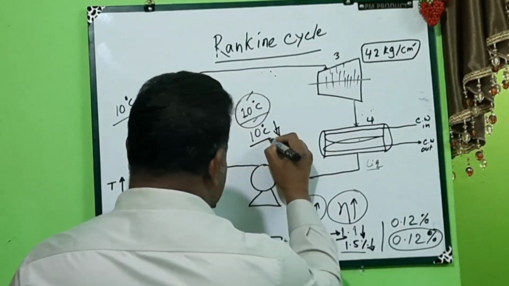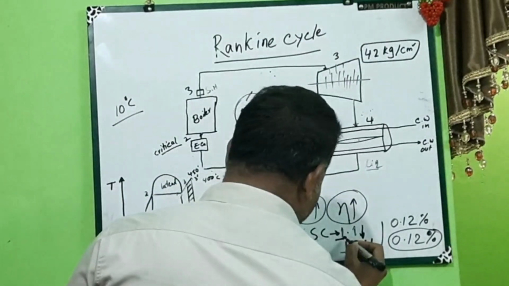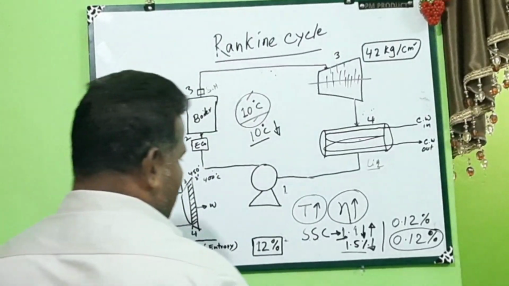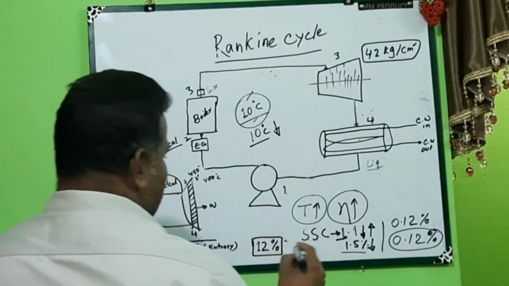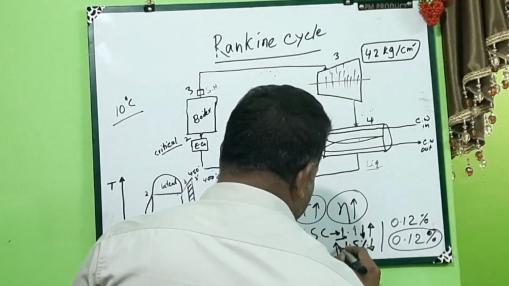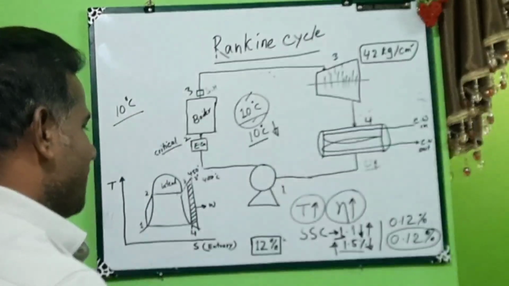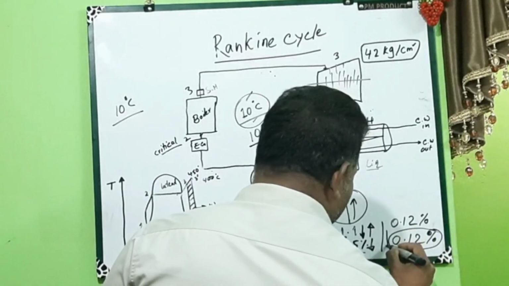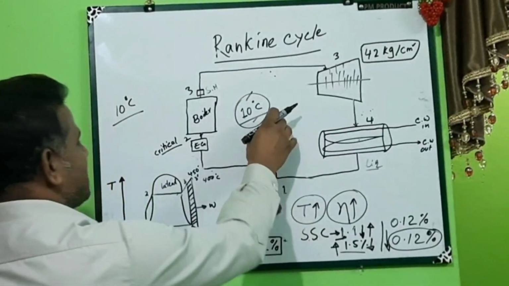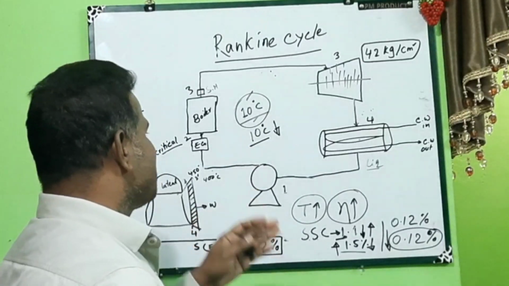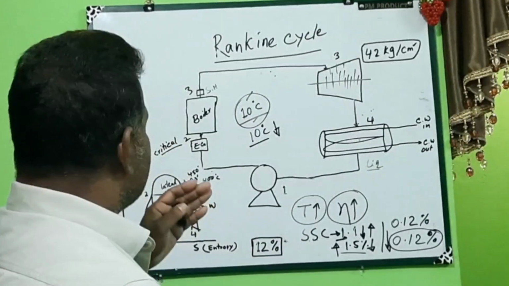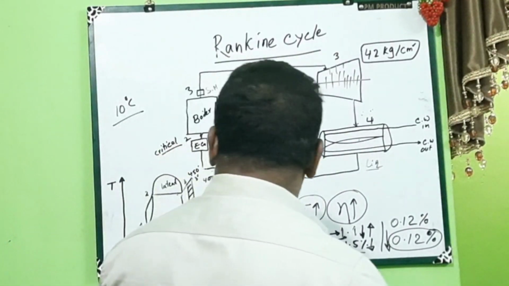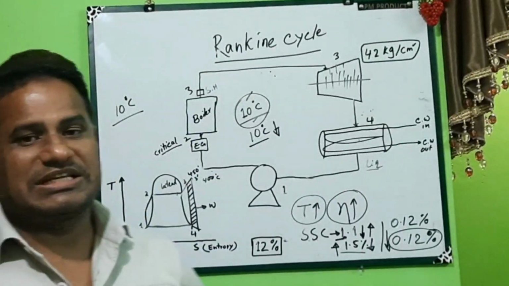If you decrease 10 degrees temperature on the inlet steam, specific steam consumption will increase 1.1% on the condenser turbine, and specific steam consumption will increase 1.5% on the back pressure type turbine, and efficiency will be decreased. That means if temperature decreases on the inlet steam, efficiency decreases, but specific steam consumption will be increased. So viewers, I hope up to this it is clear.